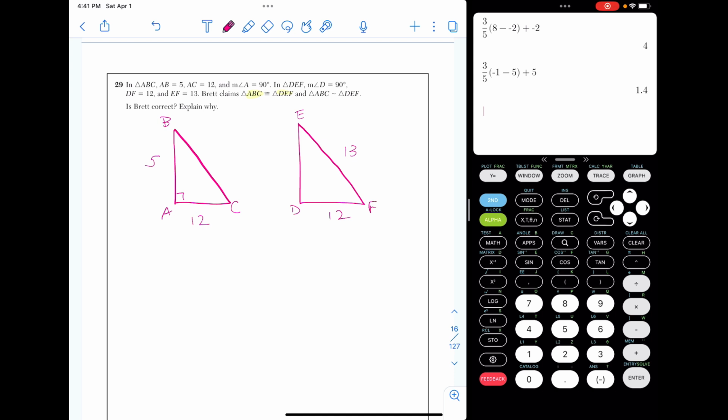Okay. All right, so he says the triangles are congruent and that they're similar to one another. So I'm going to actually just put this right angle in at D. All right, so I notice that in each triangle, I'm missing a side, right? So I notice in this first one here, I know the hypotenuse is 13. I could do the Pythagorean theorem to get that, or you might know 5, 12, 13 is a Pythagorean triple.